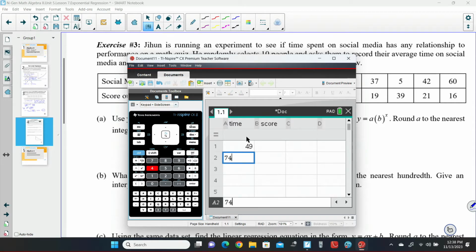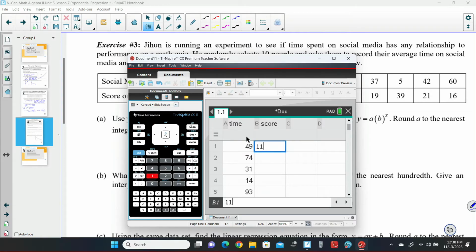49, 74, 31, 14, 93, 84, 37, 5. That person doesn't spend much time on social media. 42 and 60. Make some social commentary while I go.